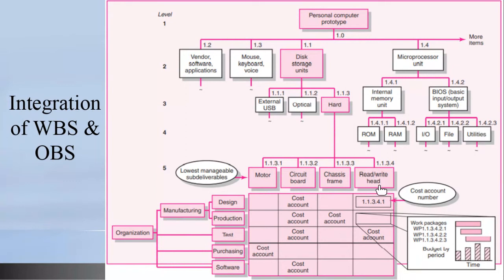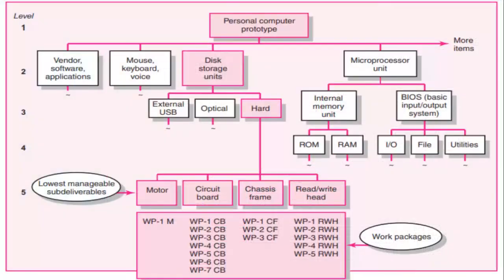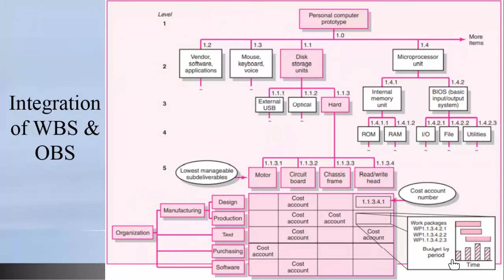For the read-write, let me just go back and check. We had 5, I think. For read-write, yes, we had 5 work packages. Look at this. Production has responsibility for 3 of those work packages.